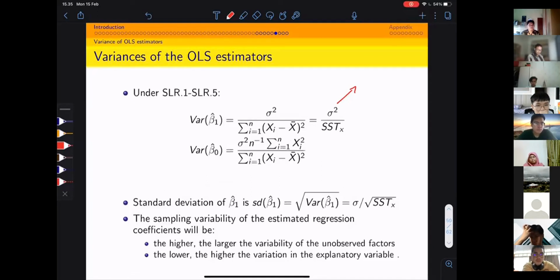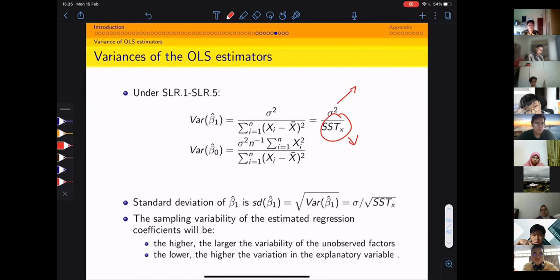The other one is the total variation of x, or the variance of x. Now the standard deviation of beta 1 hat is just the square root of the variance of beta 1 hat. This is straightforward, so I don't think we should discuss it more.